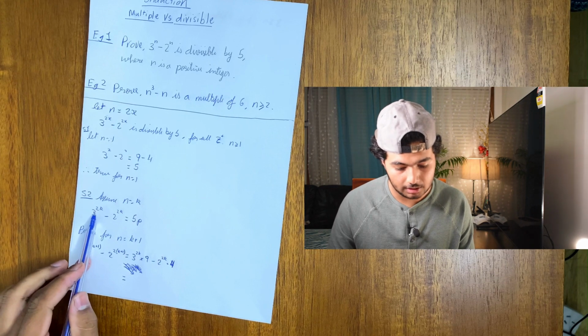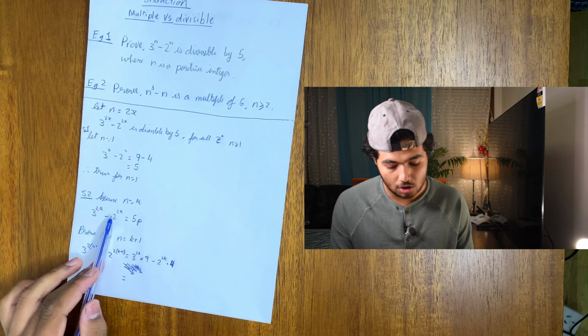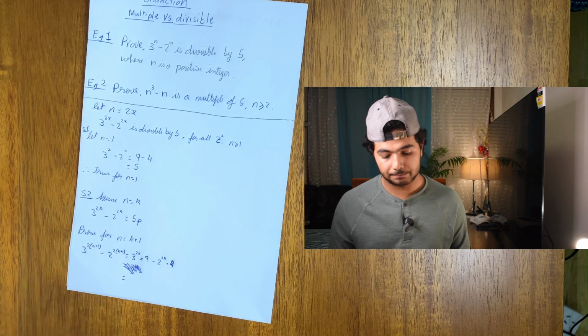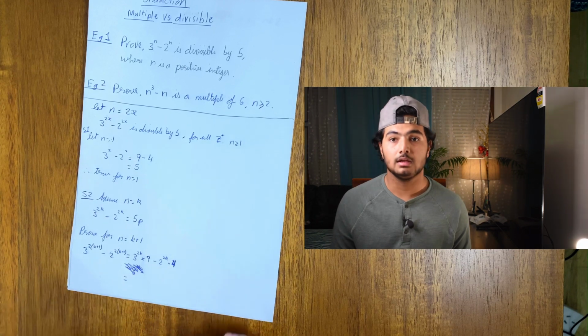We know that 3 to the 2k minus 2 to the 2k equals 5p.